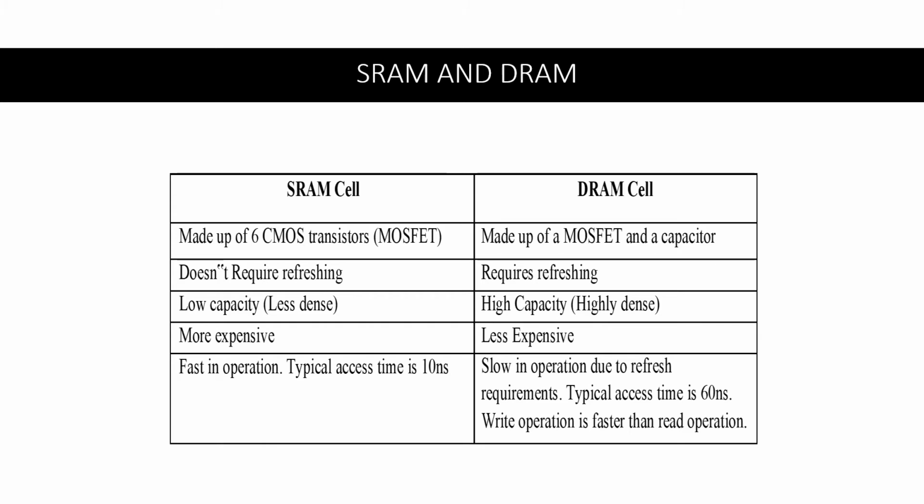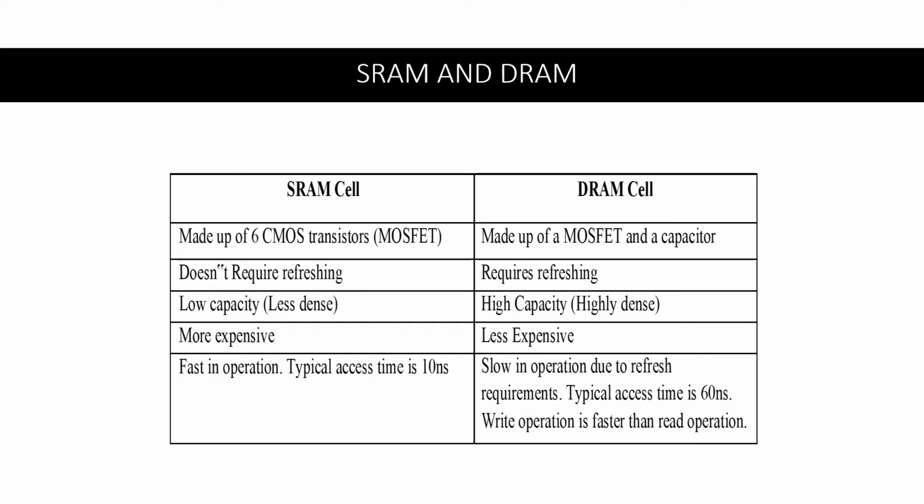The next difference is capacity. In SRAM we have only low capacity, whereas DRAM has high capacity. SRAM is more expensive, DRAM is less expensive. Why? Because we are using 6 MOS transistors in SRAM and the structure is also very difficult, so it is expensive.